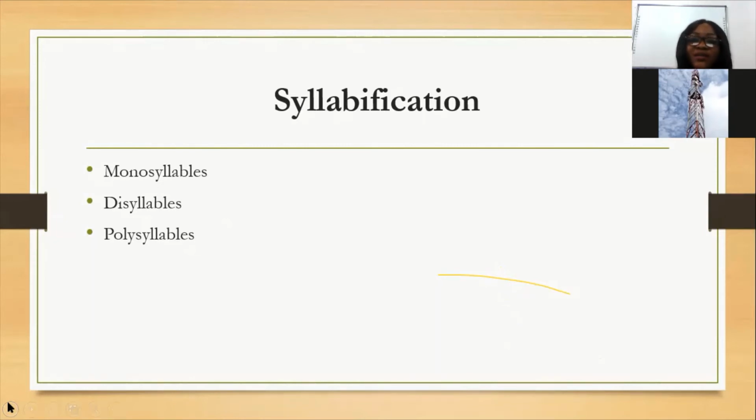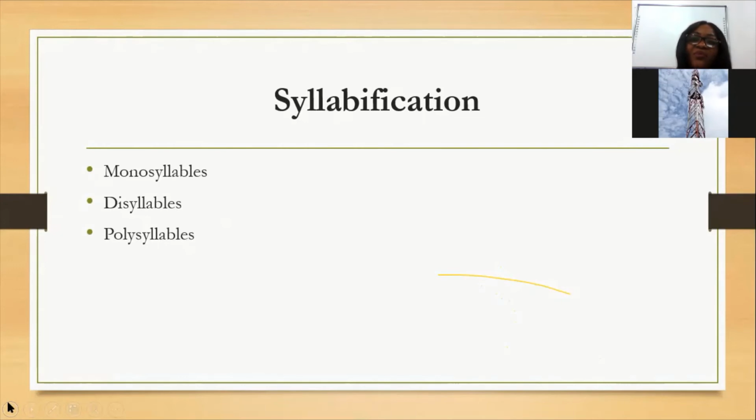Now there are some words that are monosyllabic, meaning that they are made up of just one syllable. Car is an example. There are words that are disyllabic, that means they are made up of two syllables. For example, we have teacher. Tea is the first syllable, cher is the second syllable. And then we have words that are polysyllabic.